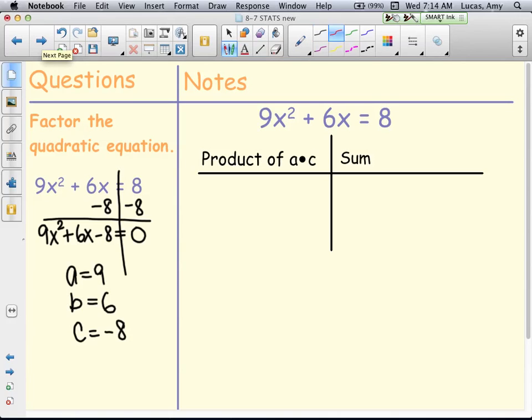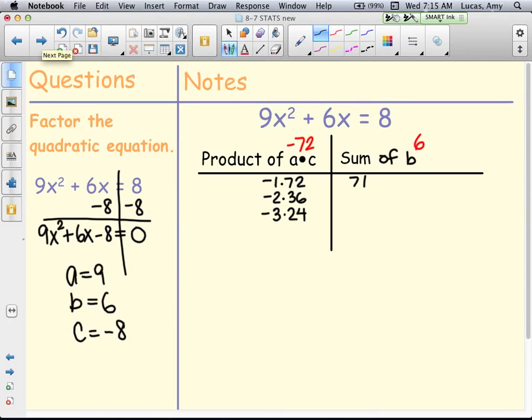So I'm looking for a product of 9 times negative 8, so negative 72, and a sum of 6. Okay. Negative 1 times 72, negative 2 times 36, negative 3 times 24. None of these are going to give me a sum of 6.